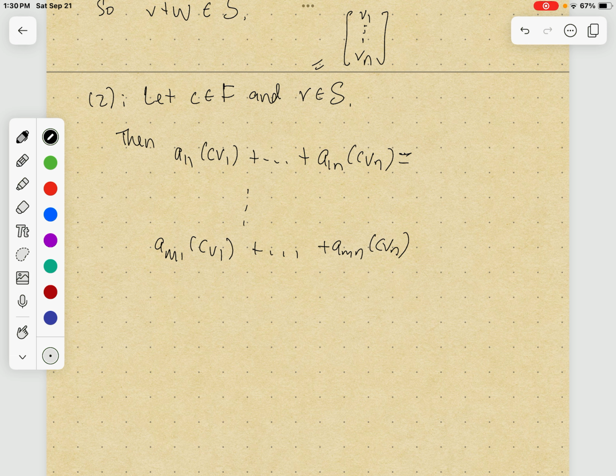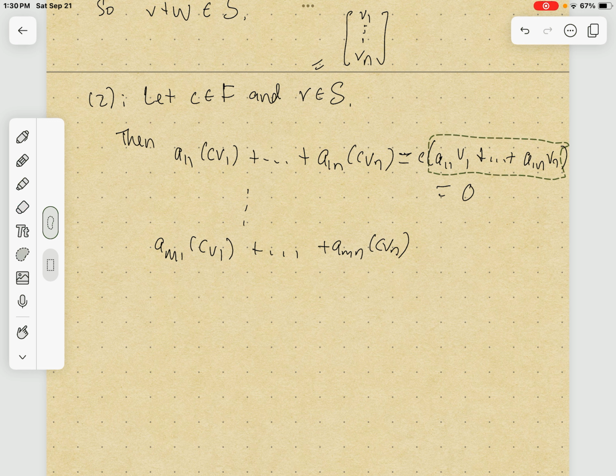Well, in the first equation, we can distribute the c across. We can pull out the c and get that this is c times (a11 v1 plus dot dot dot plus a1n vn). And this is equal to what? 0. How do we know that it's 0? Because v is an element of S. And so therefore, this expression is equal to 0. This is c times 0, which is 0.